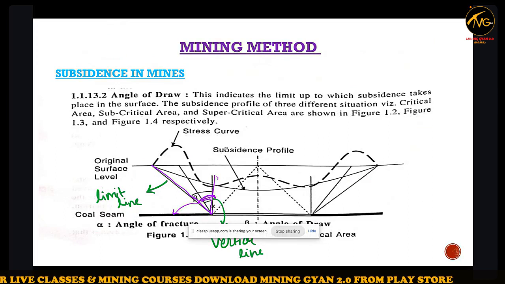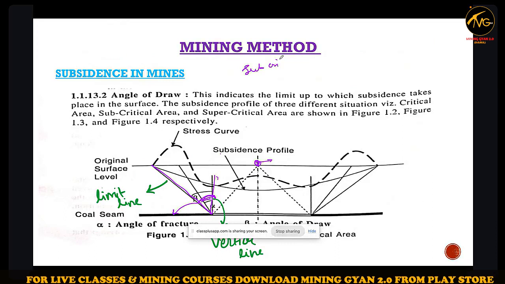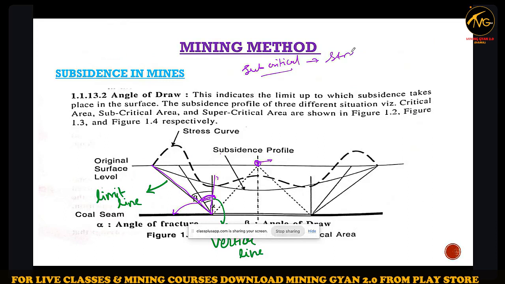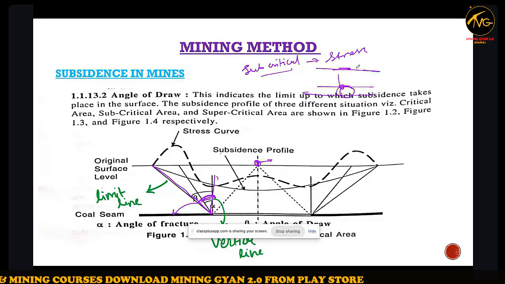So what is critical subsidence? In critical subsidence, stress is generated at only a single point. In subcritical, stress does not generate on the surface; it may be generated at the bottom or working face, but not on the surface.